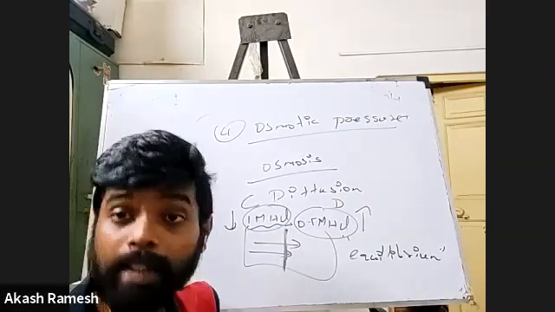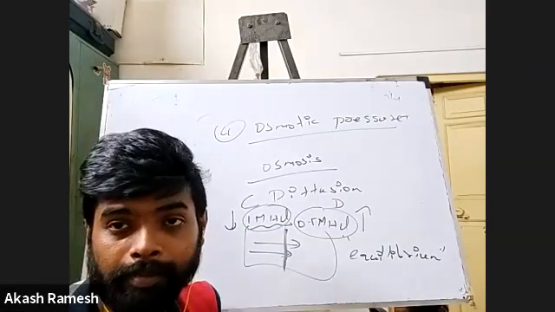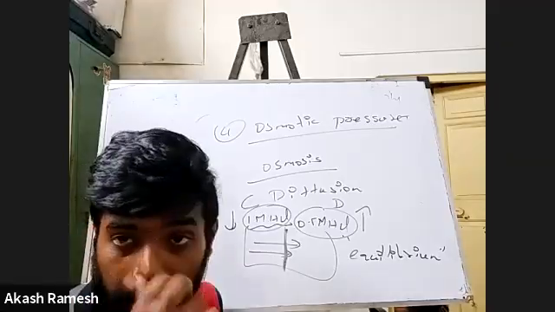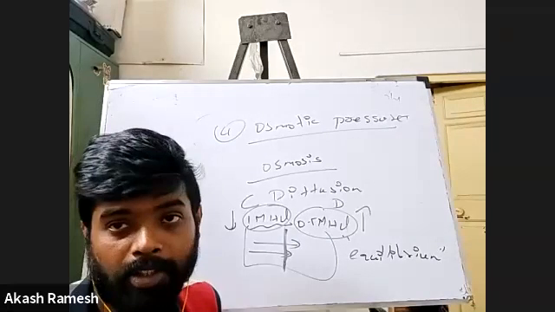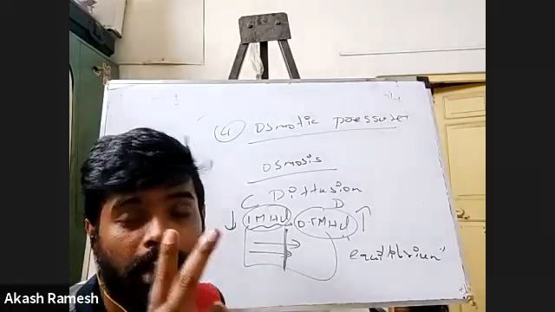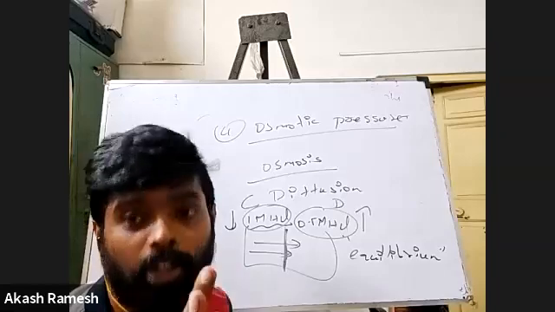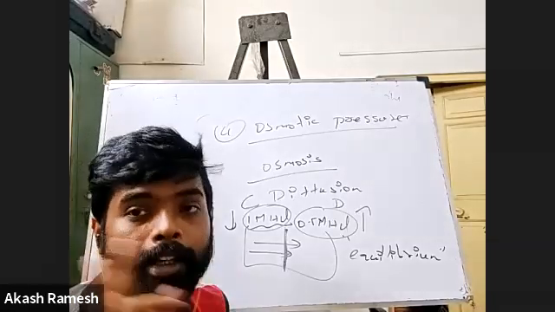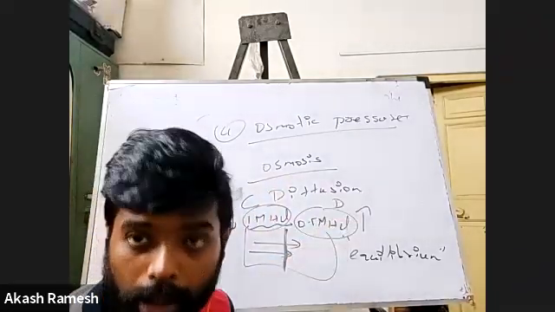What is the other way? By heating, sir. Yes, by heating, correct. What is going to happen if I heat? The amount of solvent will decrease. Exactly, and the solute stays. Correct. So there are two ways by which you will be able to increase the concentration. One is by increasing the amount of solute.